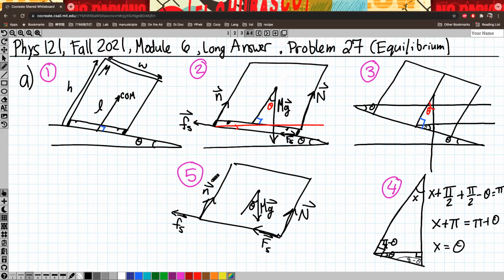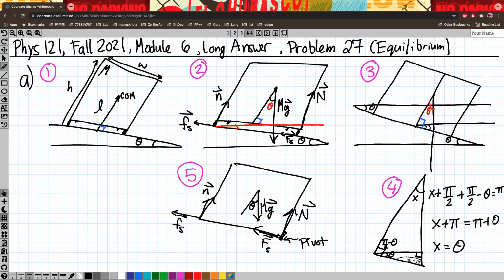Okay, and any torques? Well, at this moment, this fridge could theoretically rotate like that, right? Yeah, clockwise. It's in equilibrium, so it's not actually rotating, but it could rotate around this pivot.